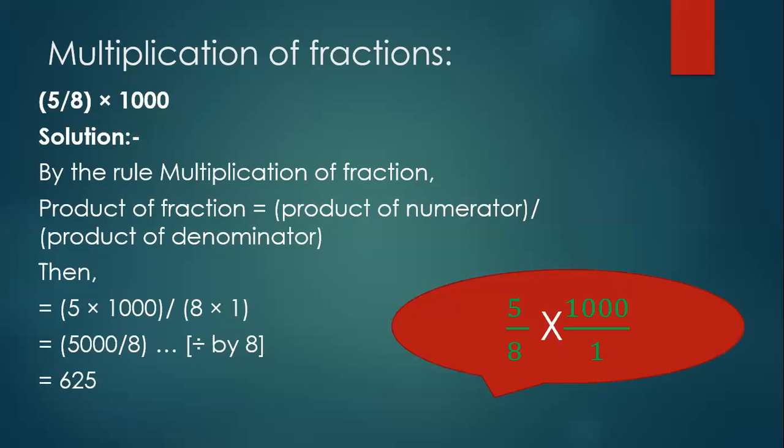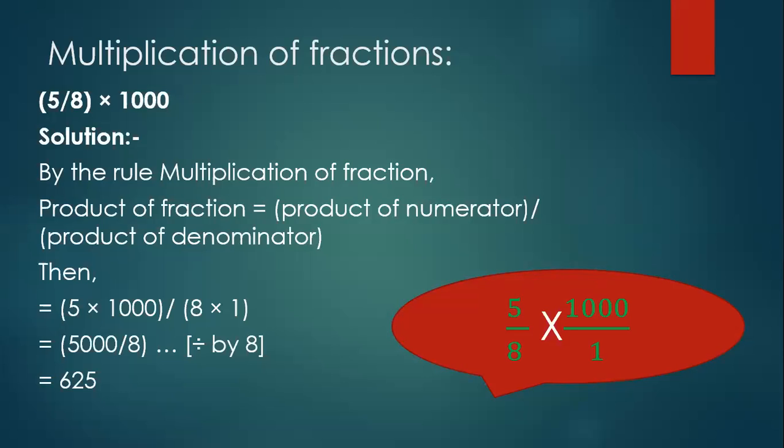I'll write two fractions, 5 by 8 and 1000 by 1, with a multiplication sign in between them. Will I cancel 5 with 1000? No. You'll say, ma'am, 1000 comes in the table of 5, but we can't do that, children. Why? Because they both are in the numerators.